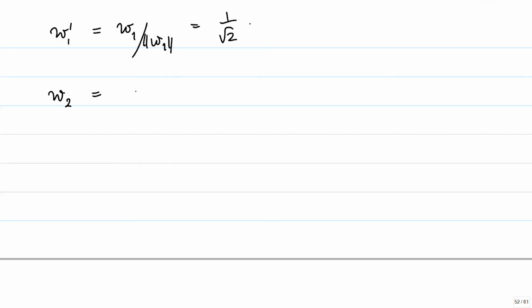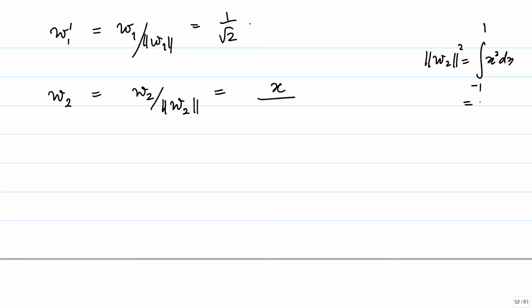W2 prime, which is equal to W2 by the length of W2, is going to be equal to x by the norm of W2. The square of this is just the integral of x square dx from minus 1 to 1, which is going to be 2 by 3, which we have already seen, because of x cube by 3, and this is just going to be root 3 by root 2.